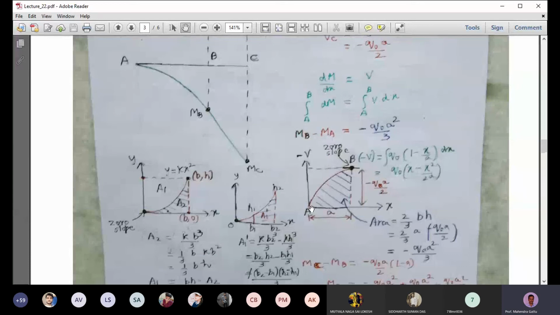So if you draw that curve, I'm showing minus V on the y-axis and x on the beam axis here. At A, x is equal to 0, so V is 0, and at B, x is a, so it will be q naught into a minus a square by 2a, which will be minus q naught a by 2.